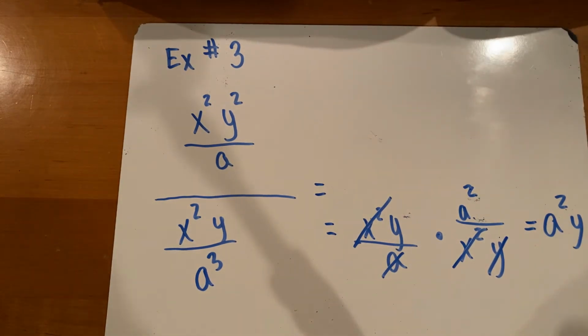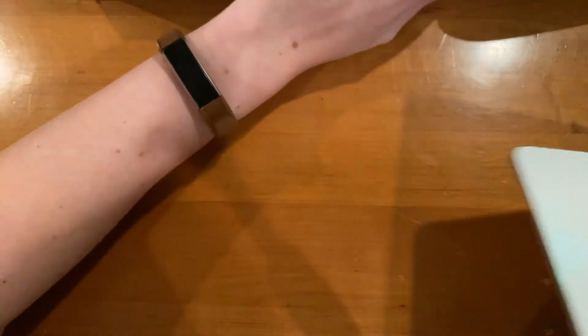All right, example 4. And I'm going to have to turn my little thing because this is a much longer problem to solve. That way we have more room. Making sure you can see the tip of the board right there.